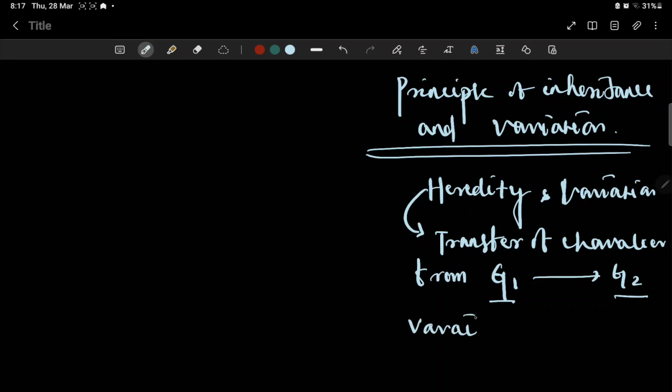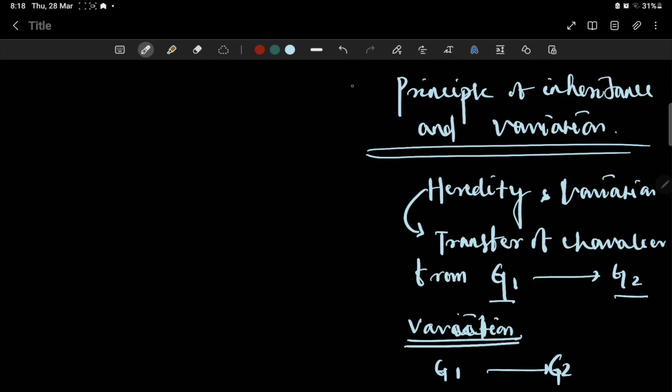But variation is the change of character from G1 to G2.